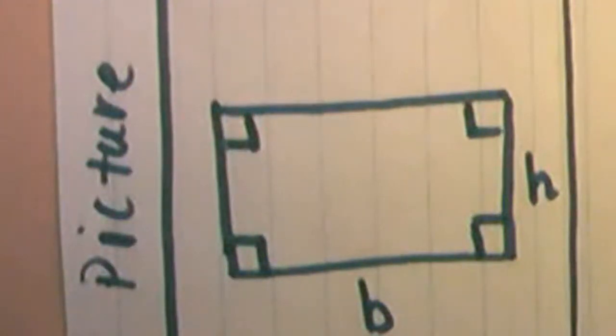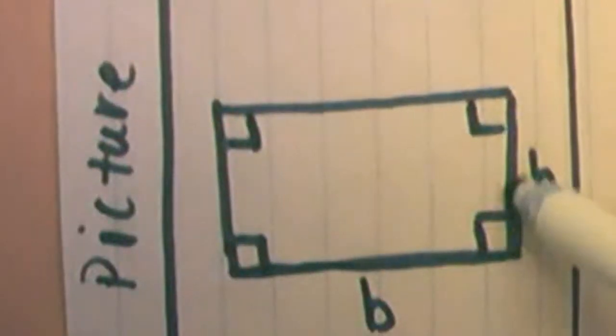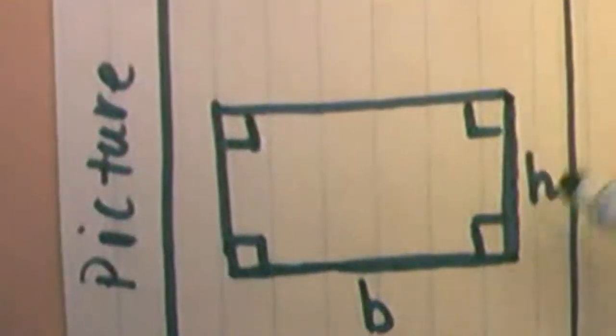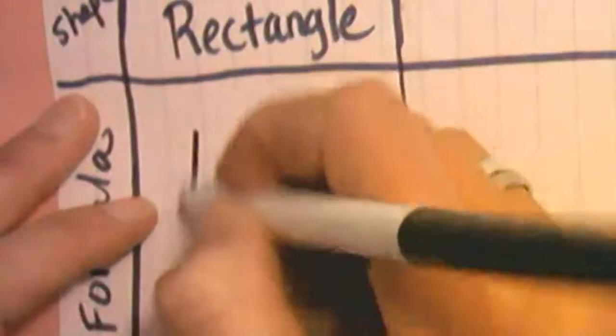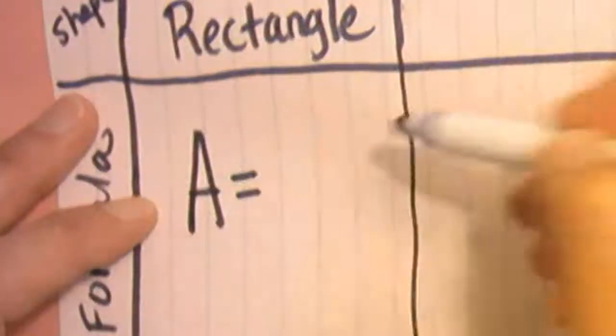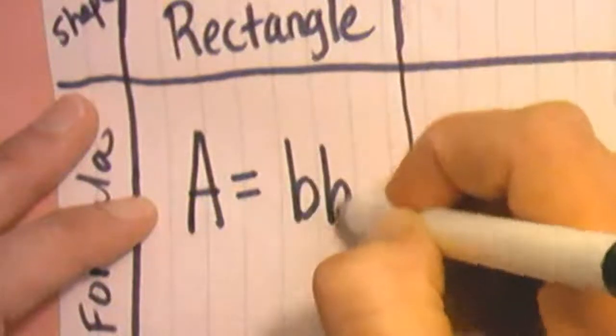And altitude is always a perpendicular line between the base and an opposite vertex. So this is the base, and this is a perpendicular line to an opposite vertex, so that's the height or the altitude. And what's the formula for the area of a rectangle? Base times height. Yeah, you guys remember that.